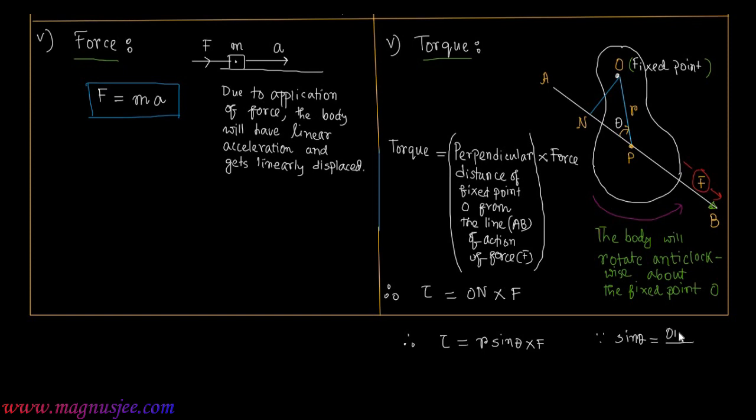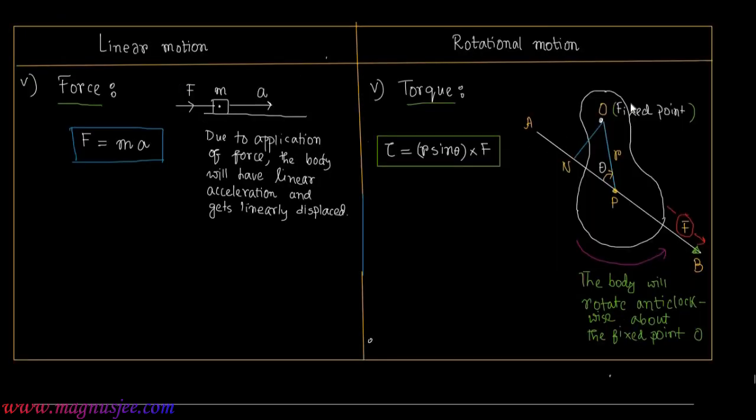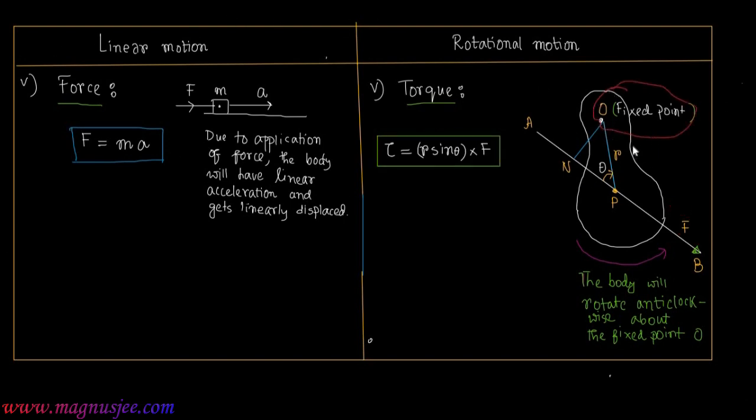Since sin theta is equal to the perpendicular ON divided by the hypotenuse OP, torque tau is equal to RF sin theta. We get torque as R sin theta F or RF sin theta. O is the fixed point of this body, and a force is acted along the line of action AB.